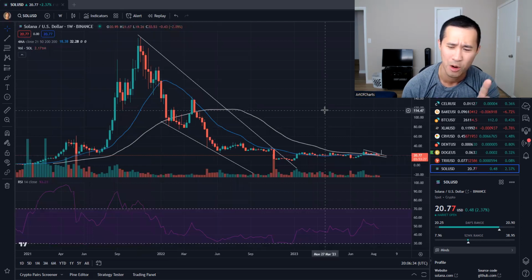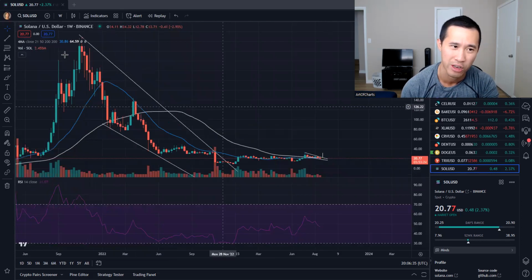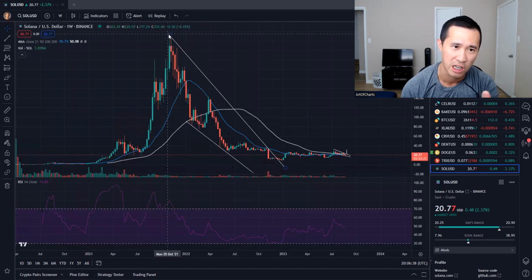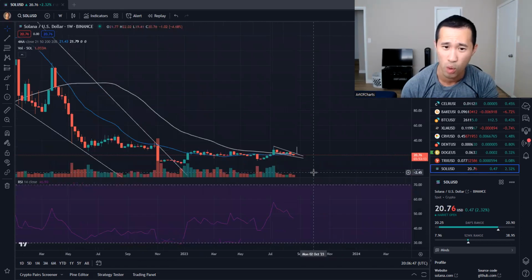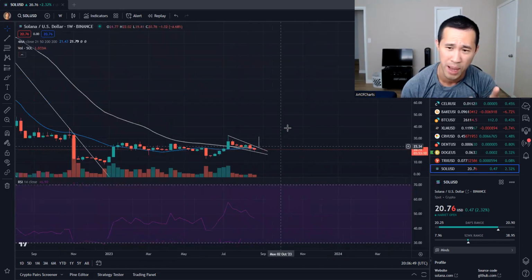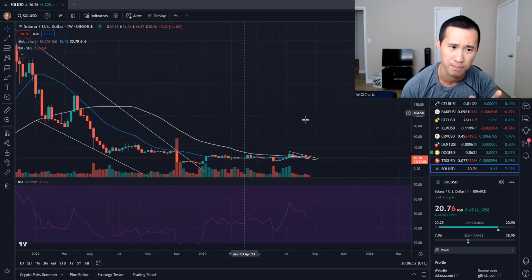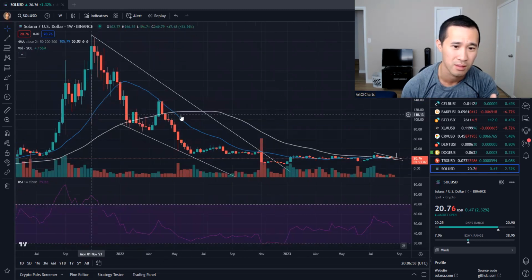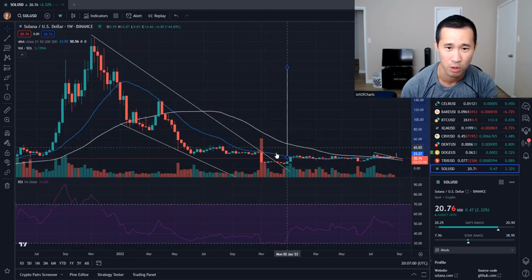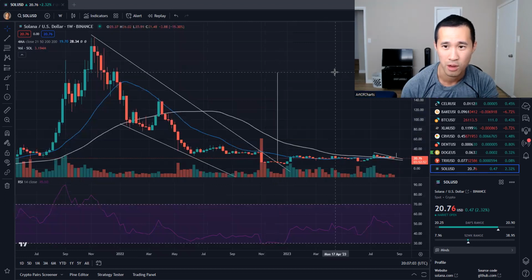I don't want to read too much into this falling wedge pattern yet because yeah, it does look like it has a pretty huge breakout target, but this is a very long time frame. So we're going to take it one step at a time with these smaller patterns, because the opening of this pattern would basically give you a measured move of almost $200.